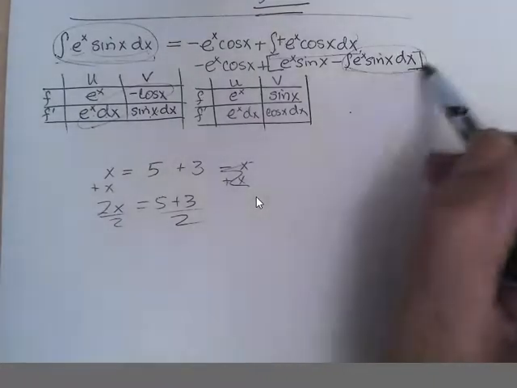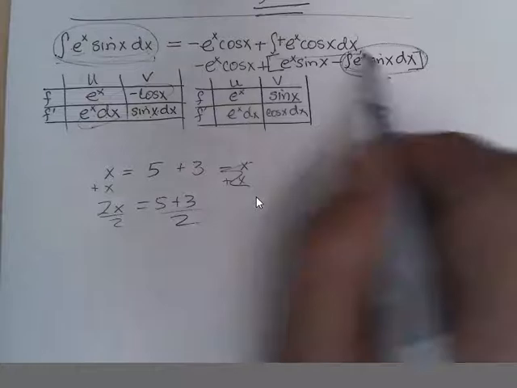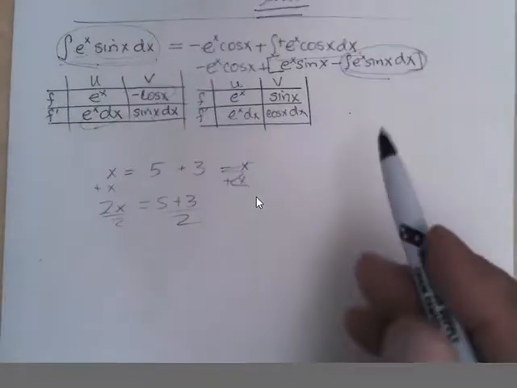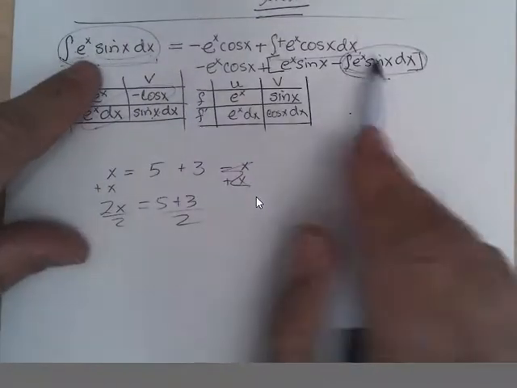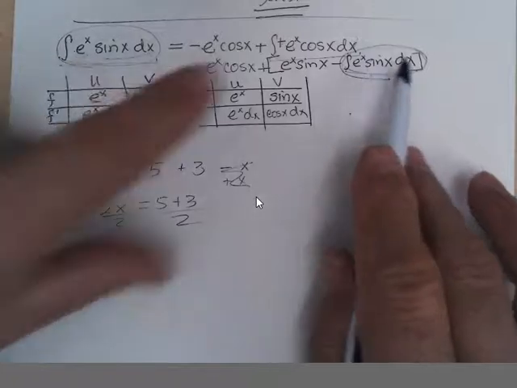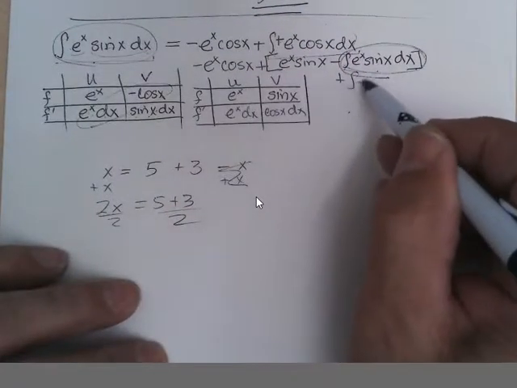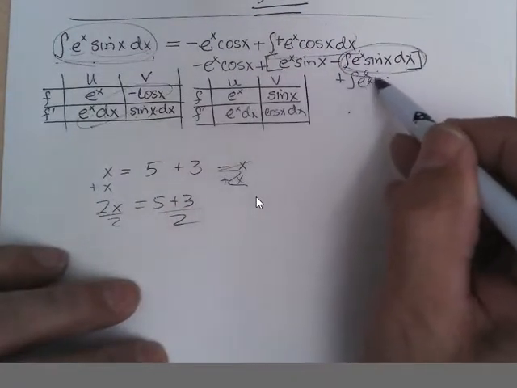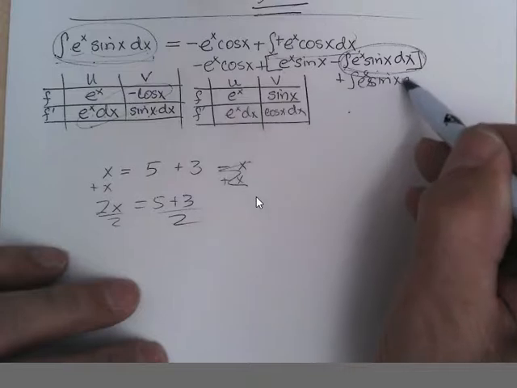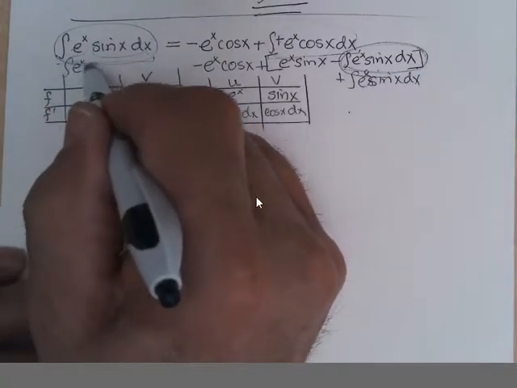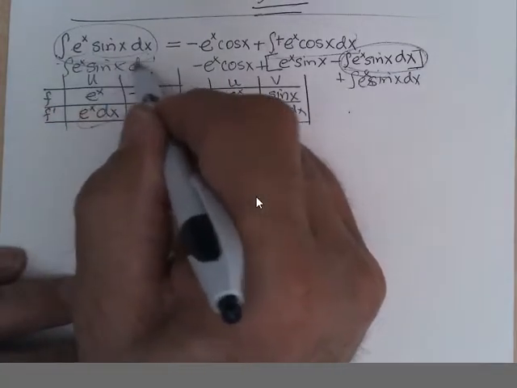Why not add this amount to both sides? So then I would get 2 of these on this side. I'm adding that to both sides, plus integral of e to the x sine x dx. Add on to this side, integral of e to the x sine x dx.